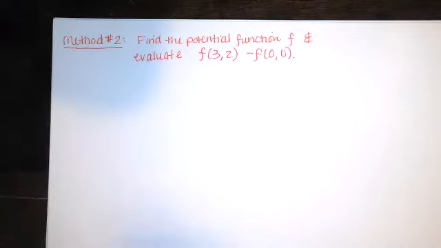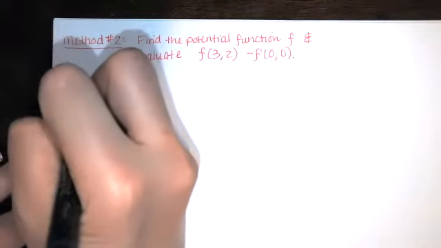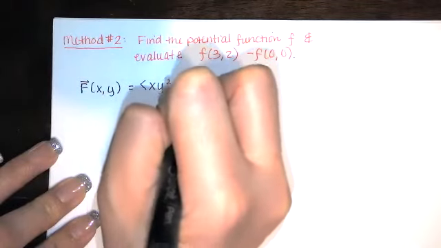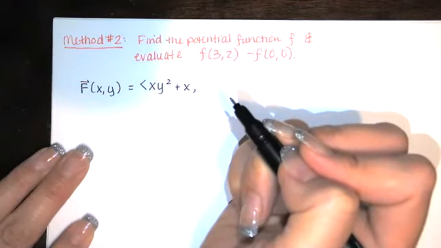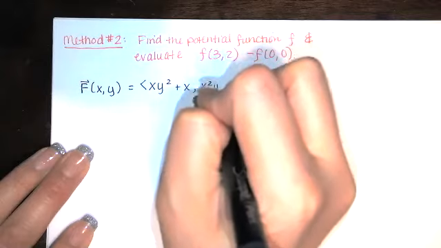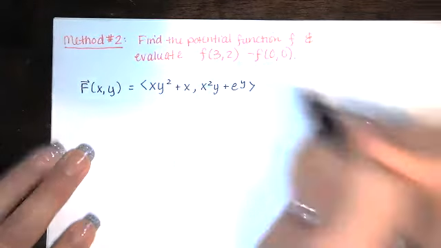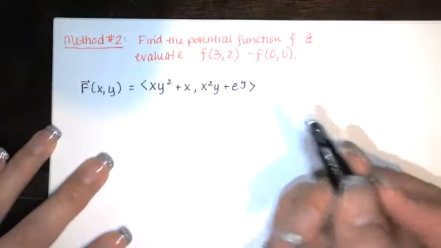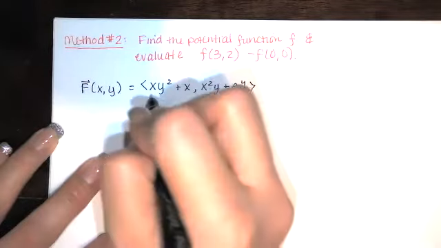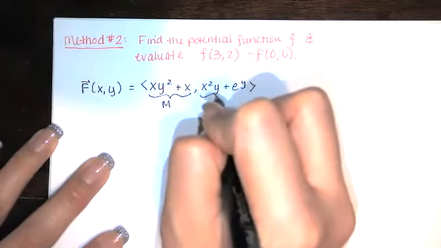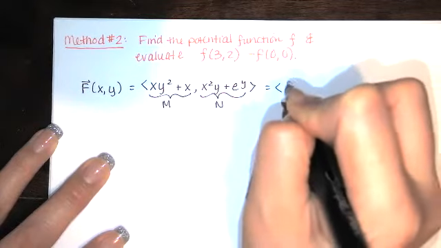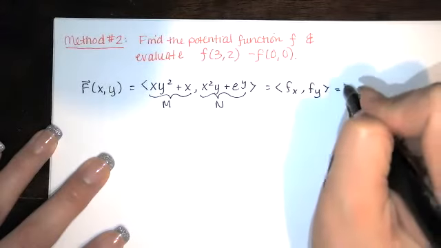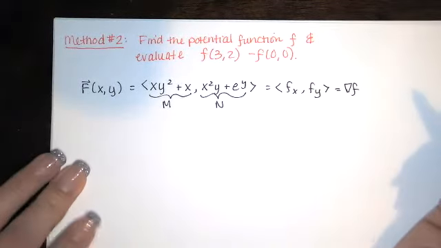Okay, so our field was this. It has components xy squared plus x, and x squared y plus e to the y. Now, since this field is conservative, and we already checked earlier that it is, then this is M, and that's N, and that's equal to the gradient of some function, little f, for some f.